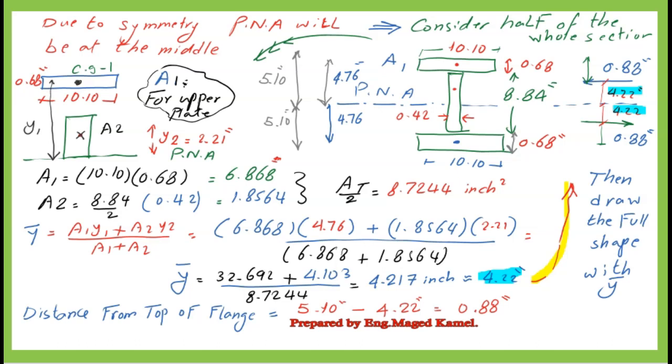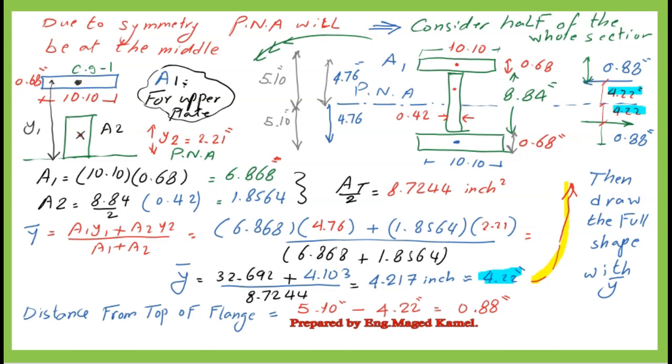The area of the half web is equal to 0.5 by 8.84 by 0.42 equals 1.8564 inches square. Adding the two areas together, we will find that the total area over 2 equals 8.7244 inches square.